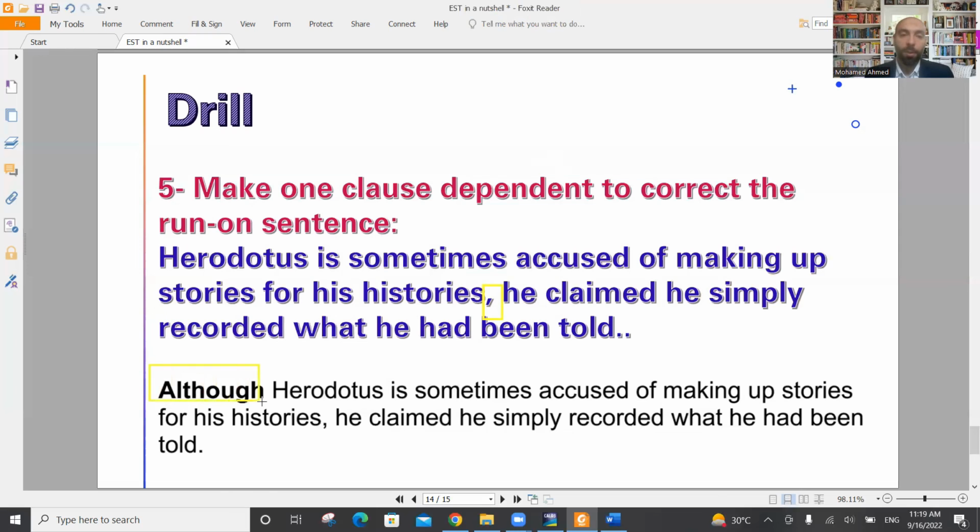Yes, easy. Add a subordinator. Which subordinator can be used here? Although, so although can be added. So the sentence would be: Although Herodotus is sometimes accused of making up stories for his histories, he claimed he simply recorded what he had been told.